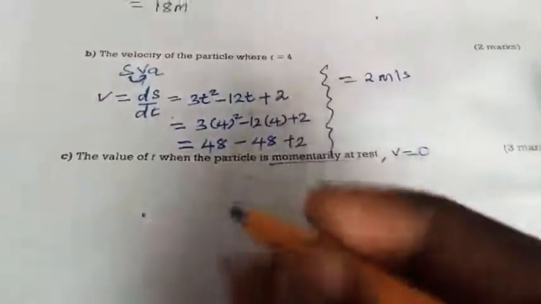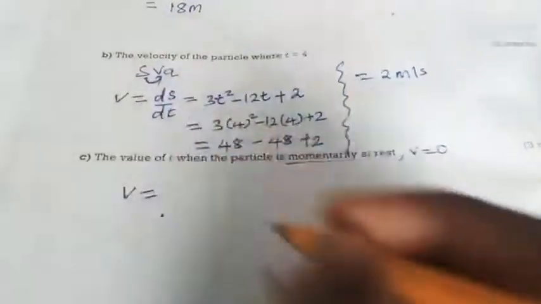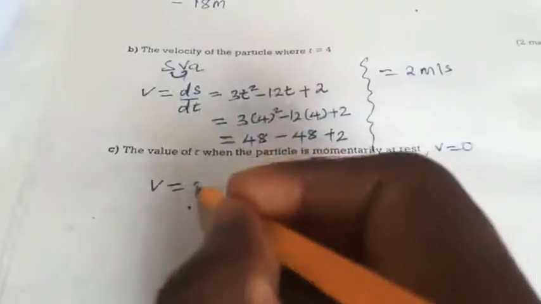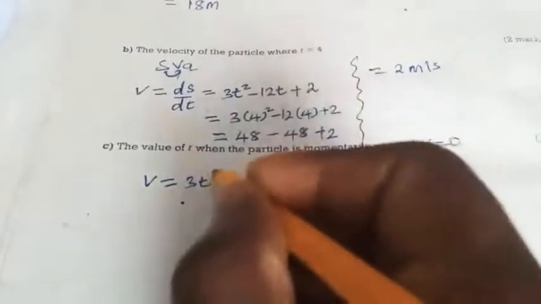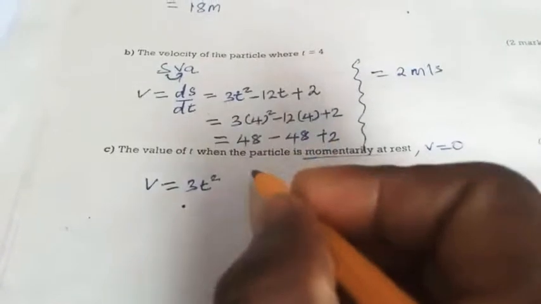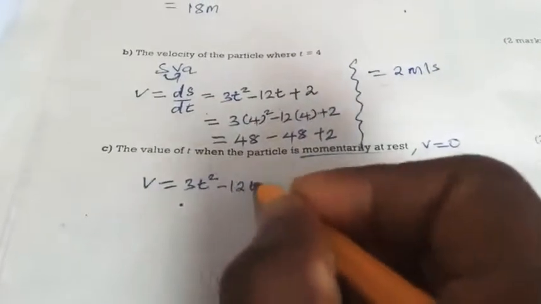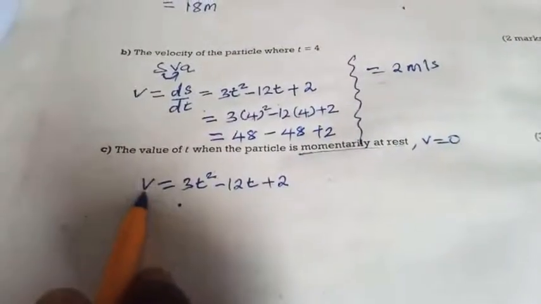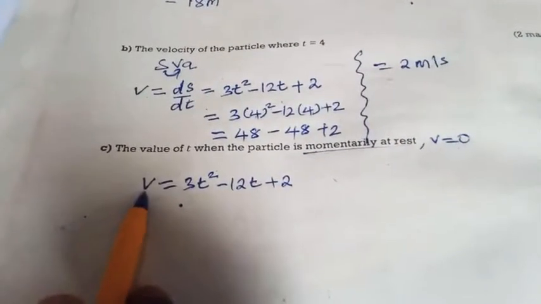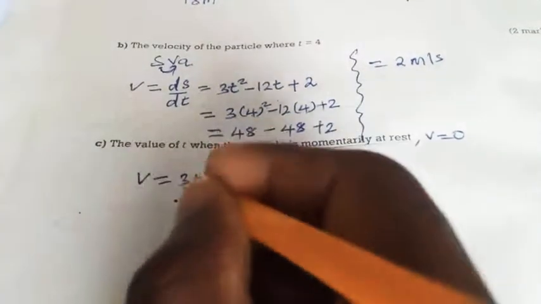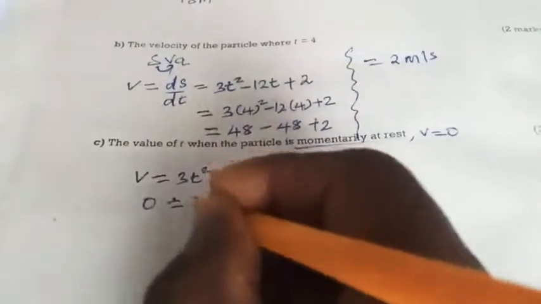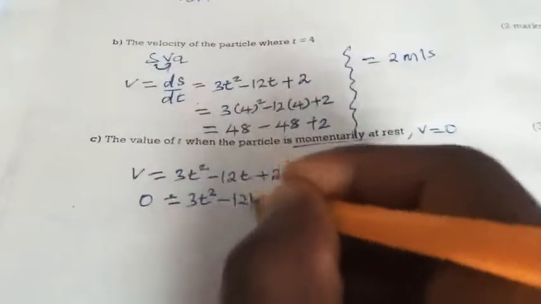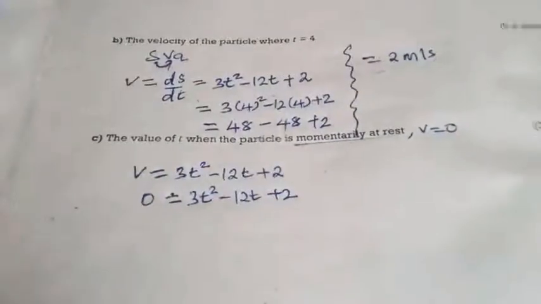So we are going to take the velocity function, which is v = 3t^2 - 12t + 2. When the particle is momentarily at rest, velocity is equal to 0. So we are going to equate 0 = 3t^2 - 12t + 2.